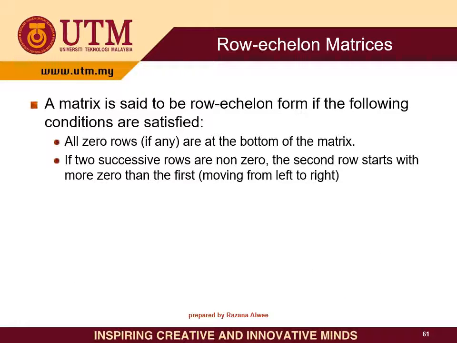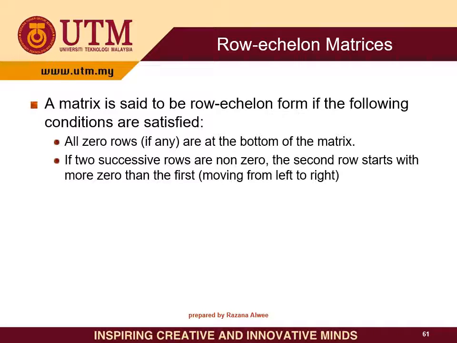Row echelon matrices. A matrix can be said to be in row echelon form if the following conditions are satisfied. Remember, these conditions must be satisfied in order for them to be called row echelon matrices. All zero rows, if any, means that there is a possibility that there are no all zero rows.